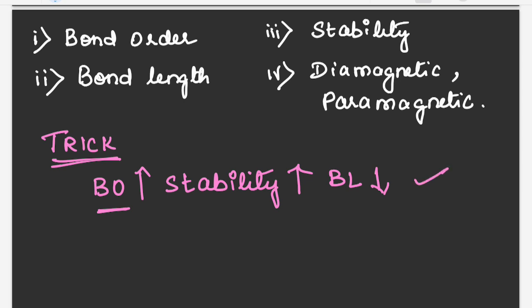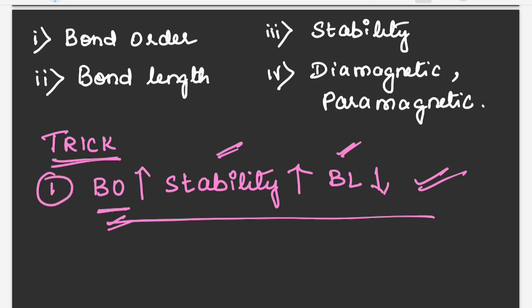This is one of the super tricks. You just have to find the bond order, and once you find it, you can see the relationship between them. If bond order is increasing, you can easily write their bond length, or easily write their stability. So make a note of this first trick. If you find one, you can easily solve these three types of questions.